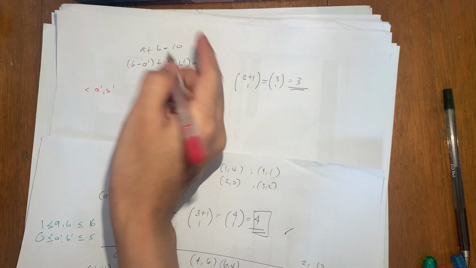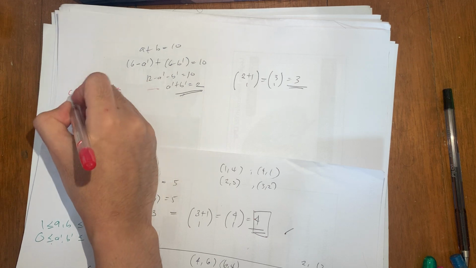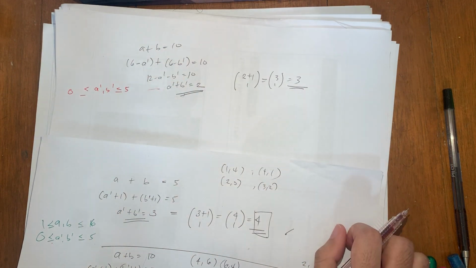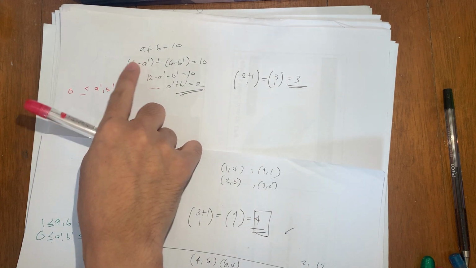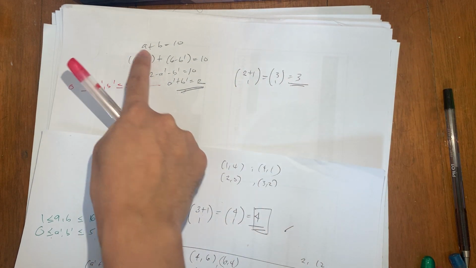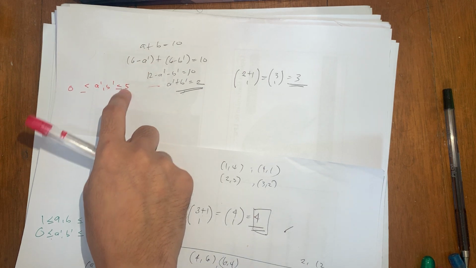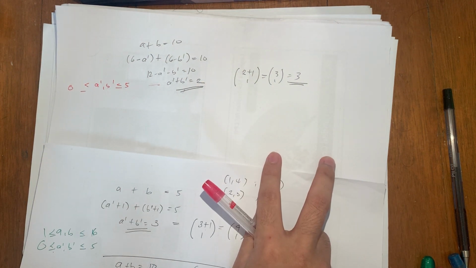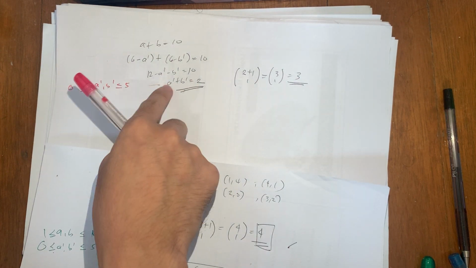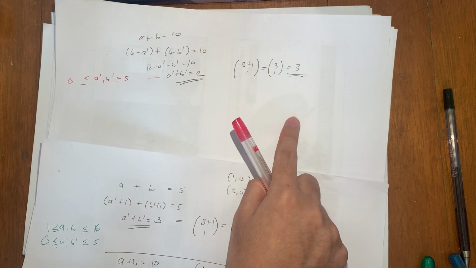A prime and b prime for this one should be between 0 and 5. Wow, bakit? Kasi if a prime is 0, then this one is 6, which is the maximum possible value of a. If a prime is equal to 5, then the minimum value of this is 1, which is the minimum value for a. So clearly, wala naman na-violate yan dito. Wala nang i-exceed by 5.